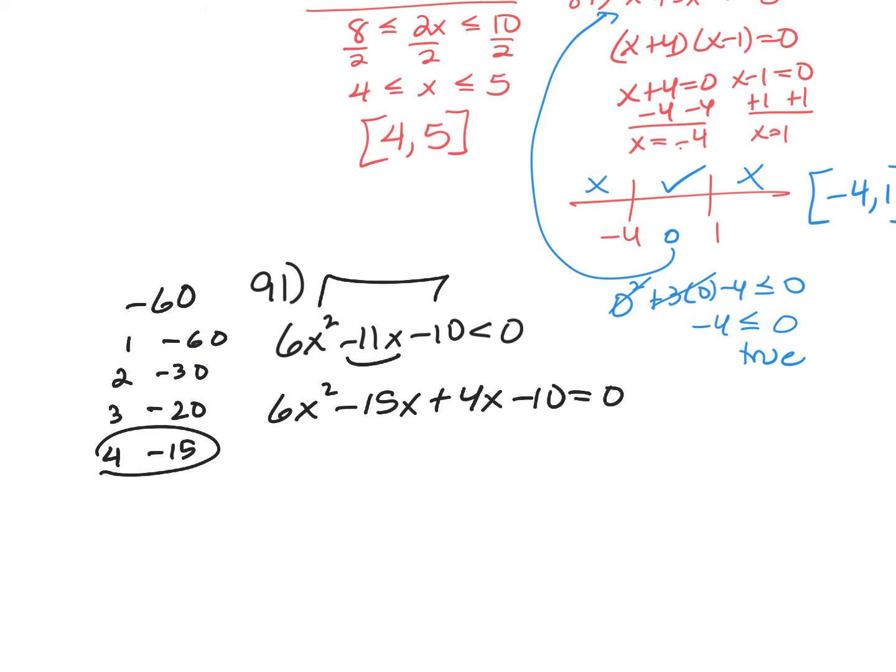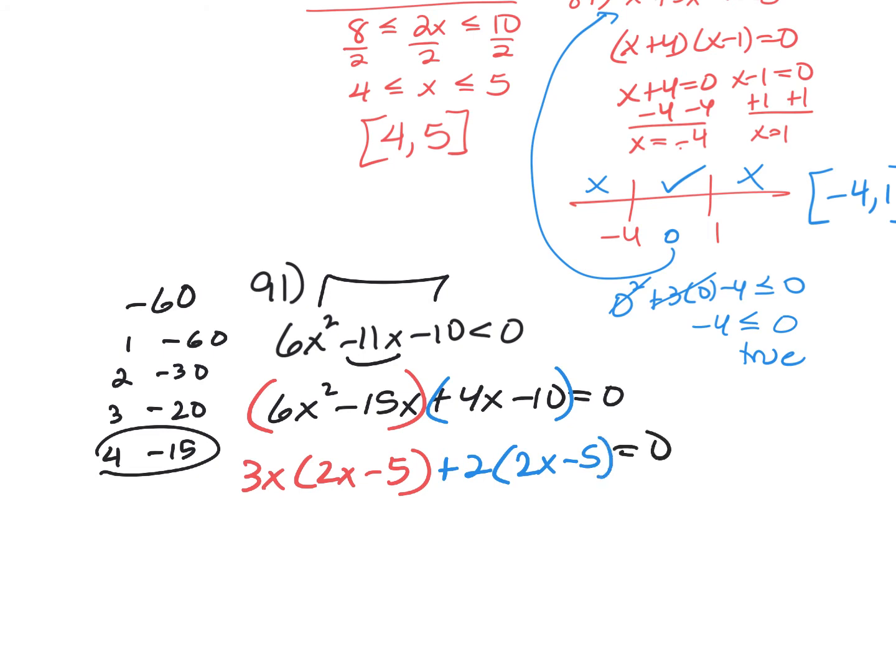And again, it's an equal sign because these become my cutoff points. So then GCF of the red is going to be 3x. GCF of the blue is 2. Again, remember your goal here is to make both of these the same, which it is, but then put these two together.